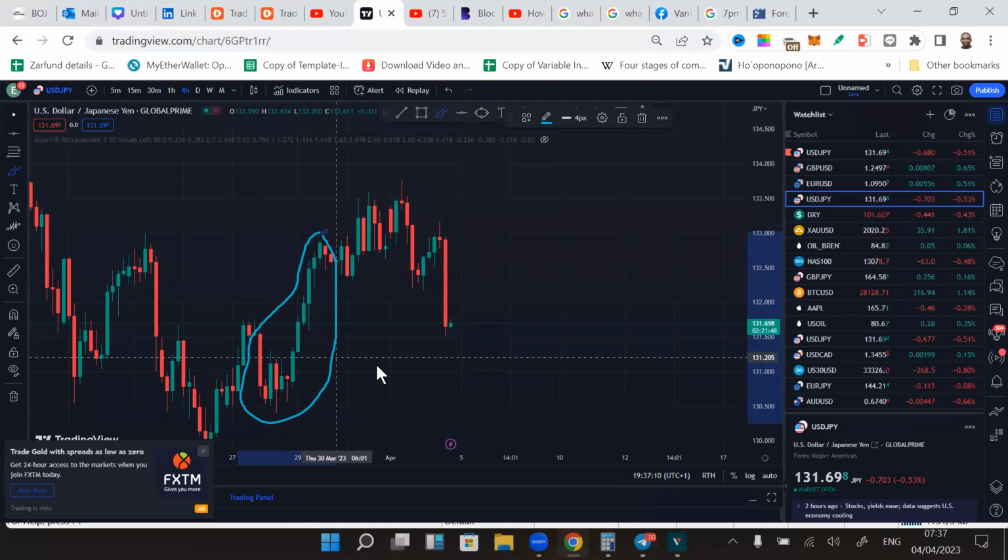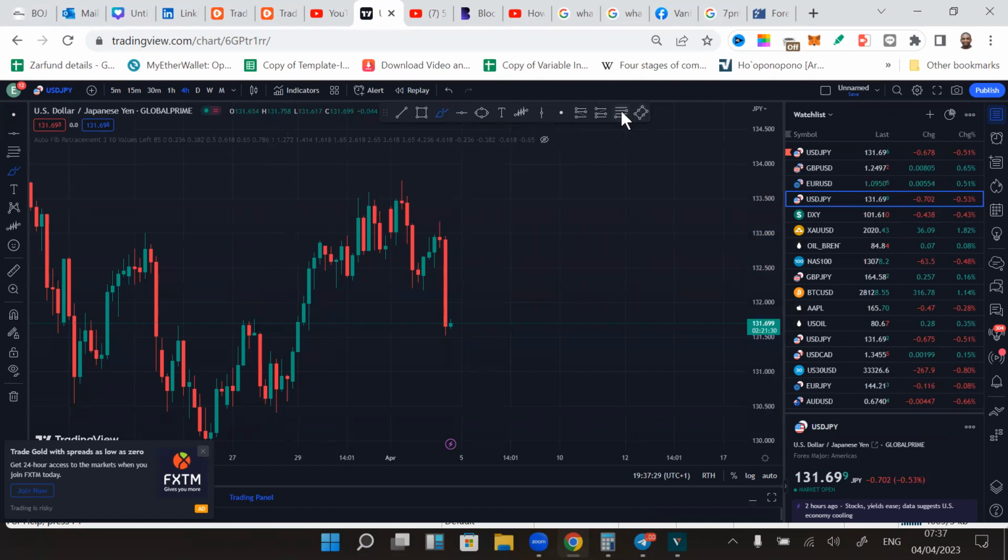But like I said, if an impulse does not do 50 or 61.8, it is not complete. So what that means is that let's pick something now so we can know whether it's complete or not. Let's pick our Fibonacci. We'll focus on this area right now.